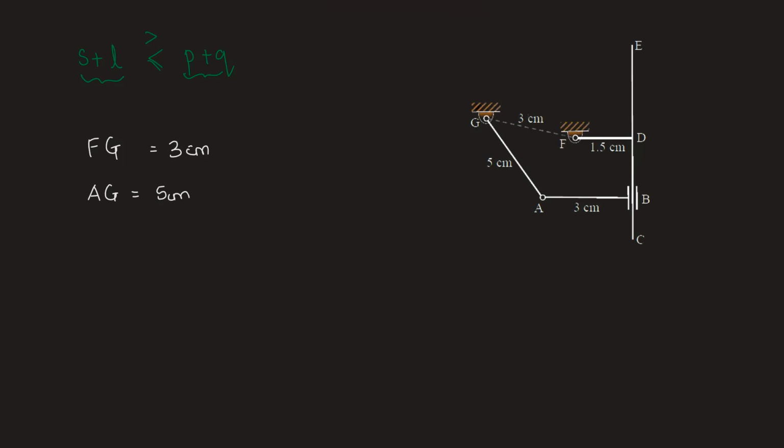The lengths of FD and AB are 1.5 and 3 cm, but the links are not rotating about joints D or B, so FD and AB are not the complete links that undergo rotation. The revolute pair about which the rotation takes place is at a distance of infinity from point B for link AB, extending up to the revolute pair.